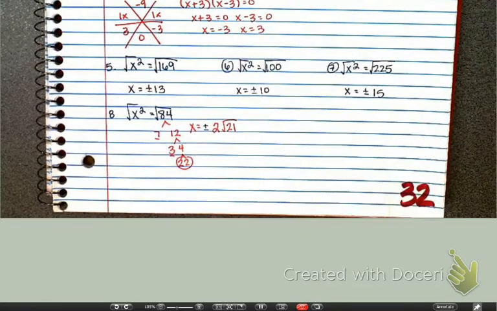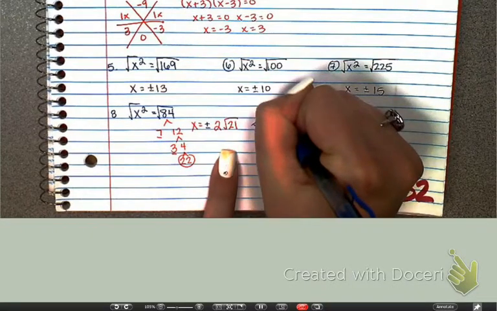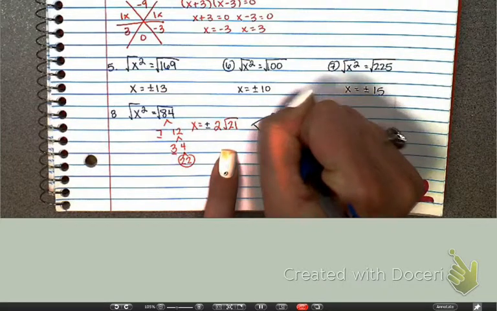Perfect. So anytime you take the square root, you have to have a plus minus. If you miss something, that's what you're going to miss. Plus minus every time you take the square root and you're solving. It always comes before, because technically this breaks down to 2 square root of 21 and negative 2 square root of 21.